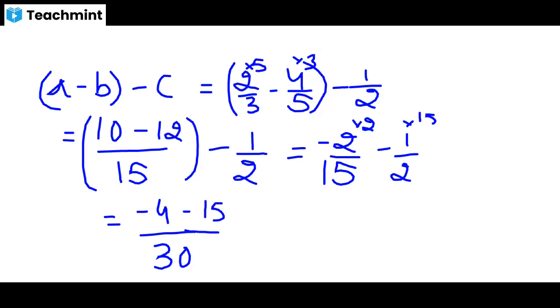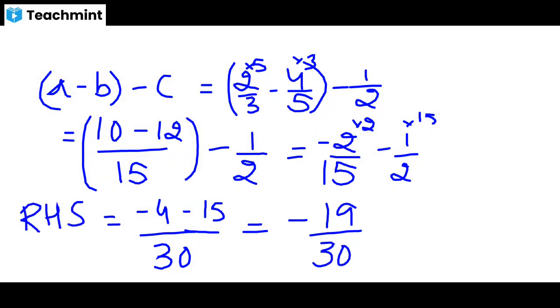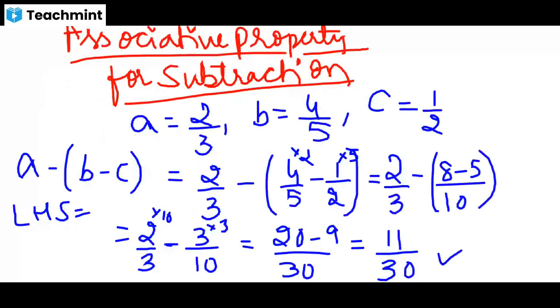So minus 4 minus 15, what you get? Minus 19 by 30. So what you got as RHS value? Minus 19 by 30. LHS value is 11 by 30. So what you can write for this conclusion?